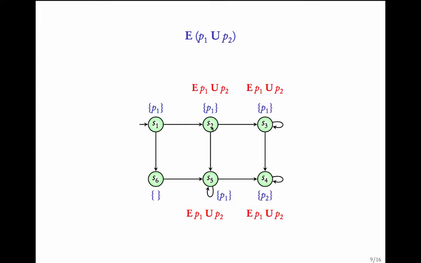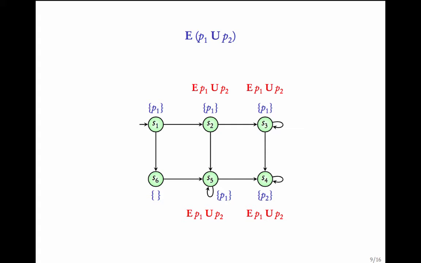Correct? Because if there exists a path to a state which satisfies this, that means from this state there exists a path which satisfies P1 until P2. So from here also there will be a path which will satisfy E of P1 until P2. Okay, so this is a newly labeled state.